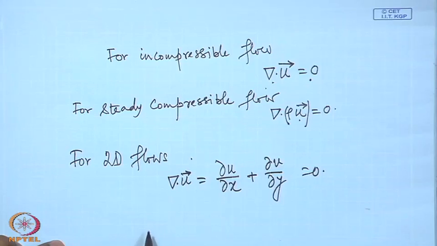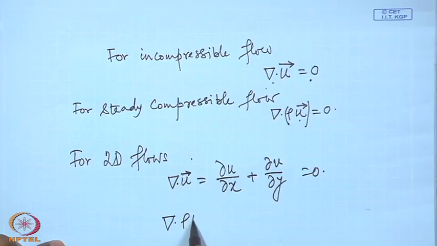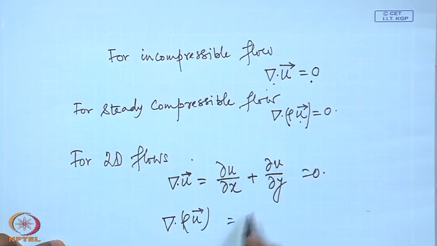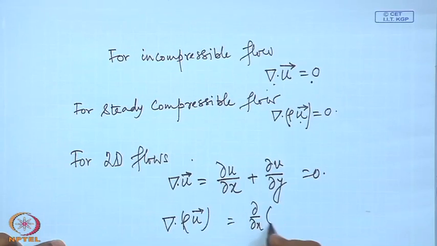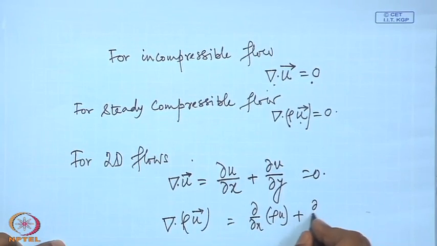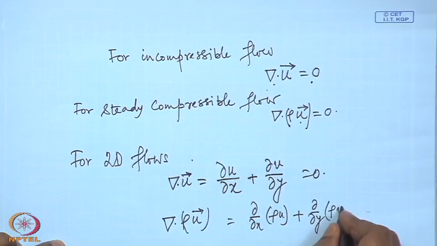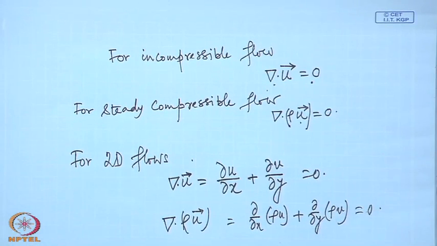And in case of compressible steady flow, in both these cases where this divergence can be expressed simply by the sum of two derivatives, it is quite easy to introduce a single scalar function which will satisfy this equation.